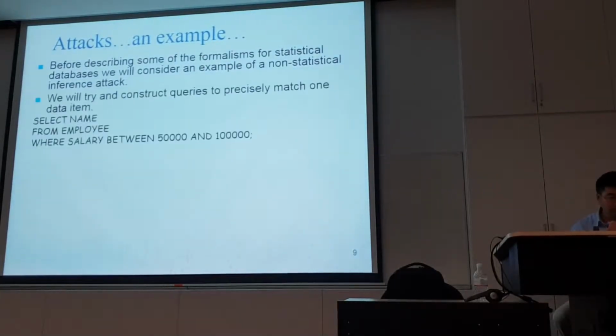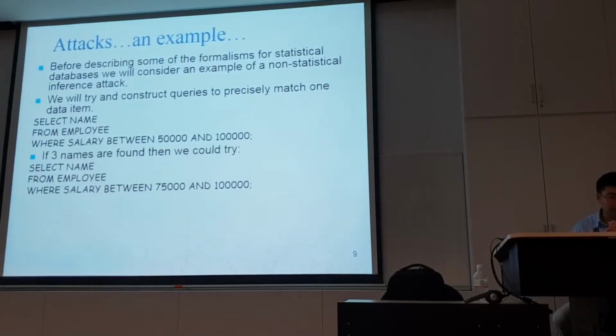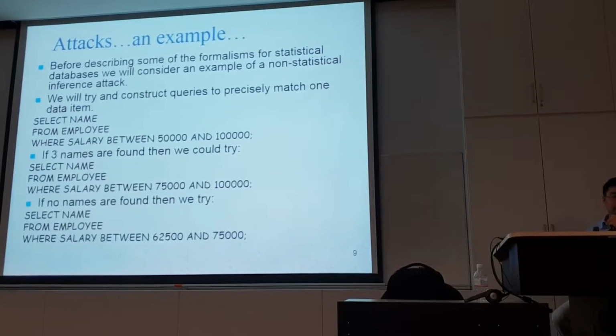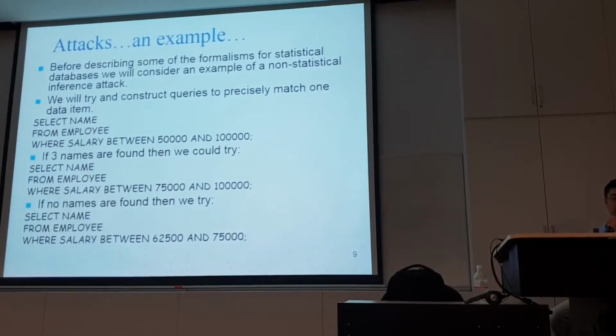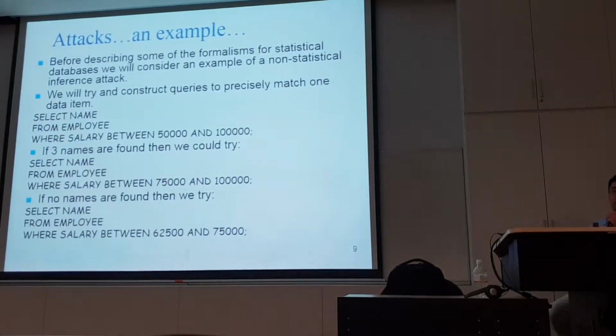Okay. Before we look at inference against the statistical database, we may look at an example for a non-statistical database. For example, if you want to query the salary of a particular person, even though you are not allowed to directly query for a particular value, you can still use a range, right?